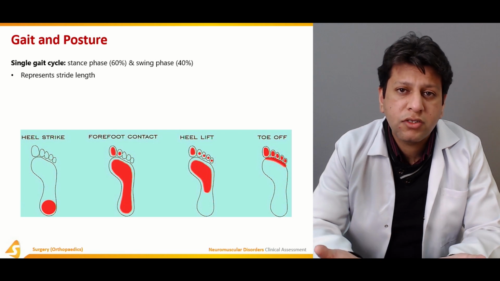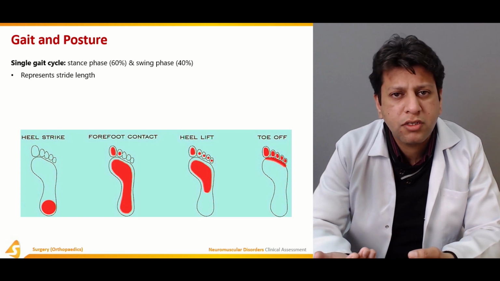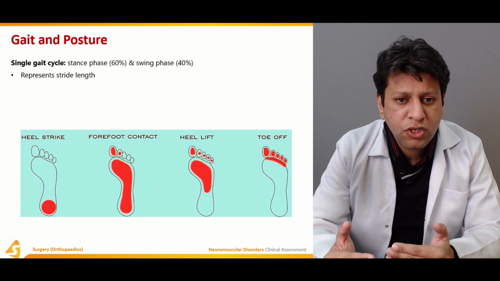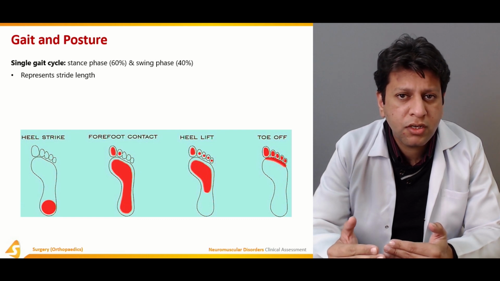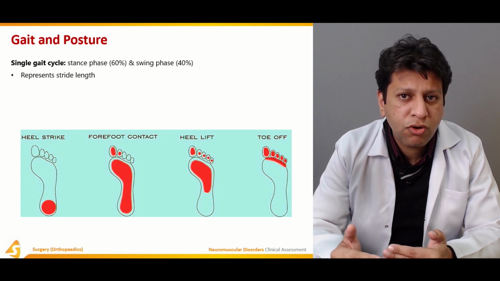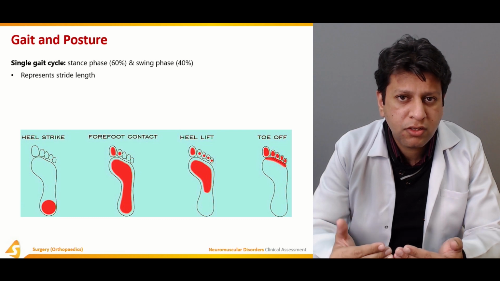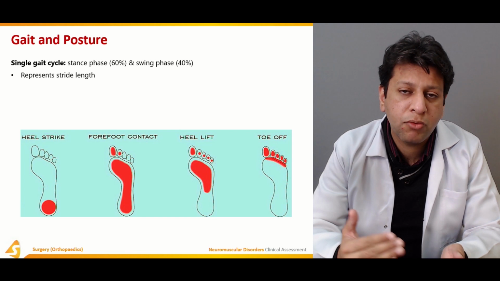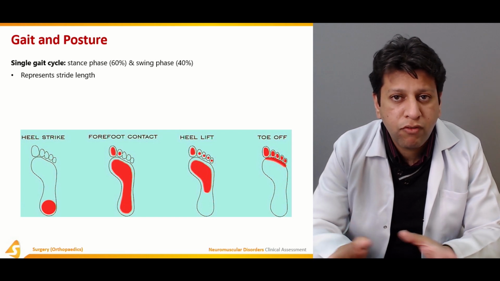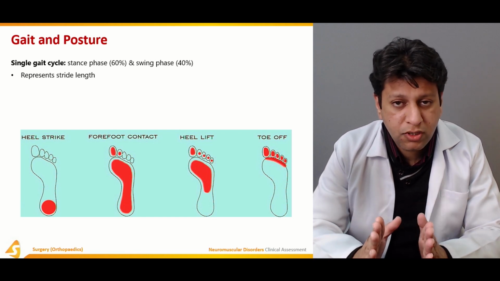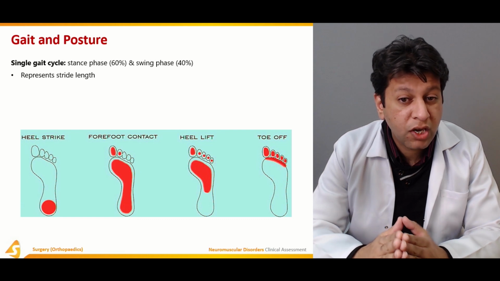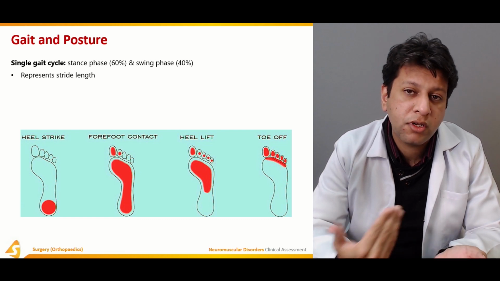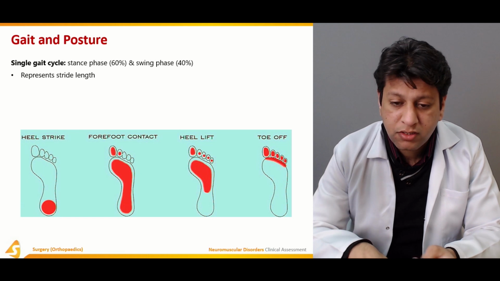In the case of Parkinsonism, they usually take very small stepping gait, and as soon as they take the first step, they quickly take the second because there is always a tendency of falling over. So the first thing we have to look at is the type of gait, how much is the stance phase, and how much is the swing phase.